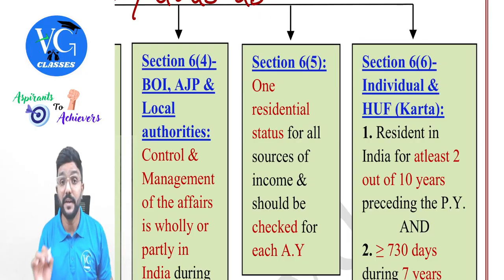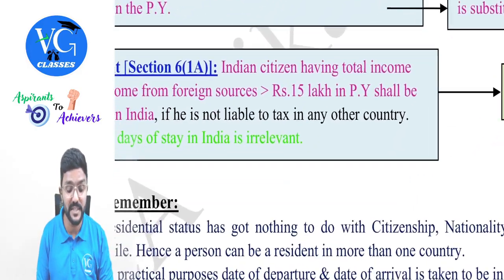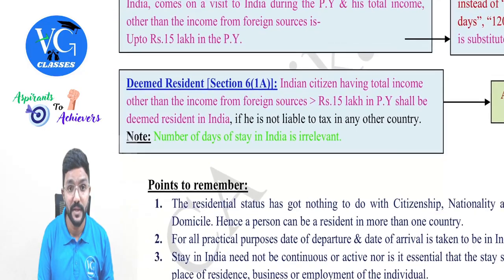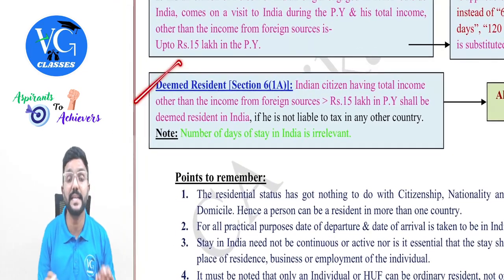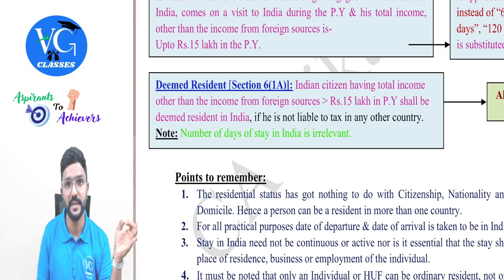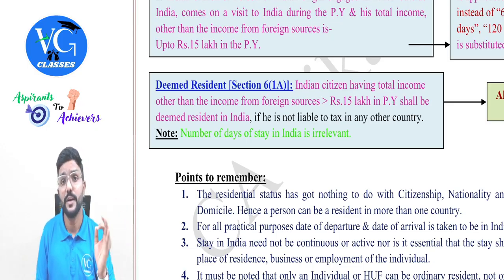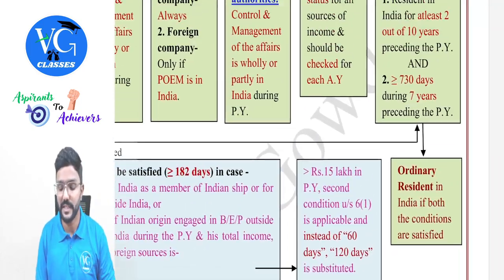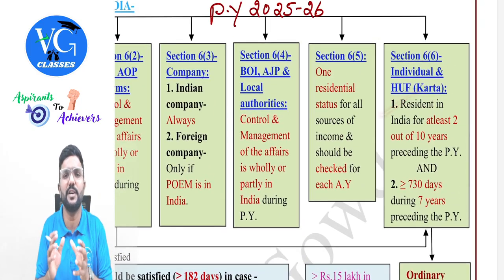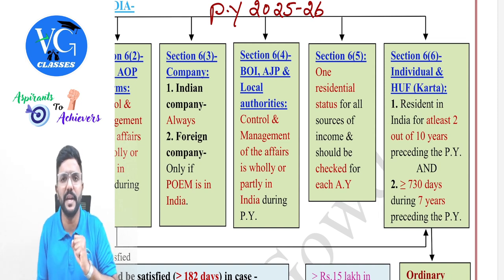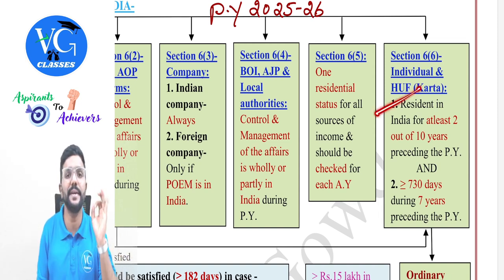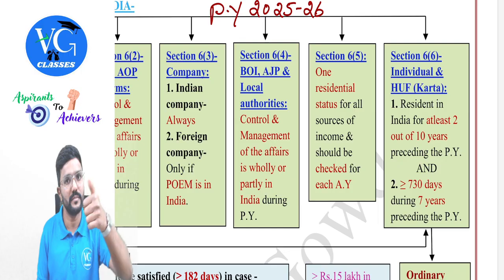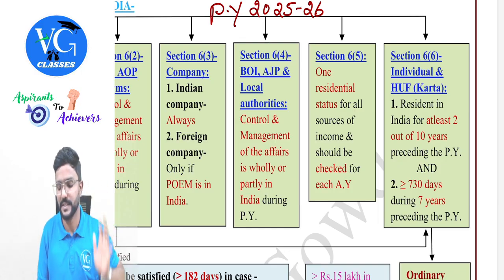Yes, guys. Even if they were deemed resident as per section 6(1)(a) in the past, even if they were deemed resident in the past, last 10 years, still, do we consider them as resident, guys? Yes. Because here they just told the word resident. They didn't talk about ordinary, not ordinary, and all. So any resident, including deemed resident, would be counted here. Is that clear? Yes, sir.